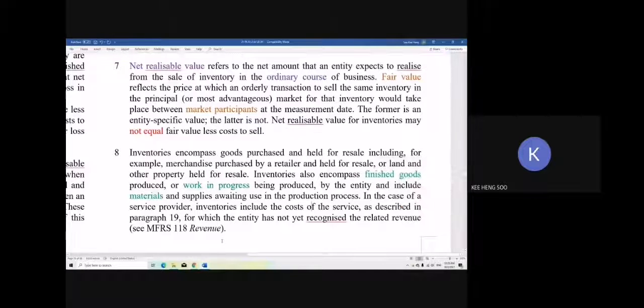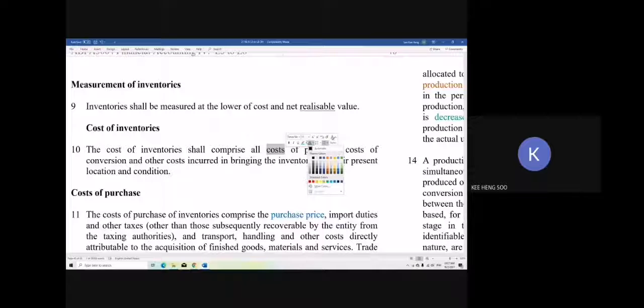Service provider, then it will be the suppliers. Cost of purchase, cost of conversion, and other costs.